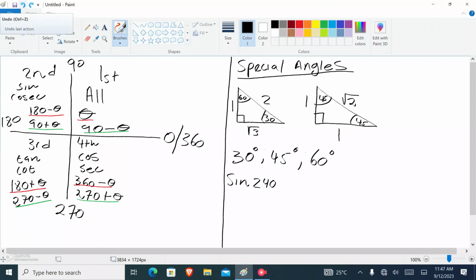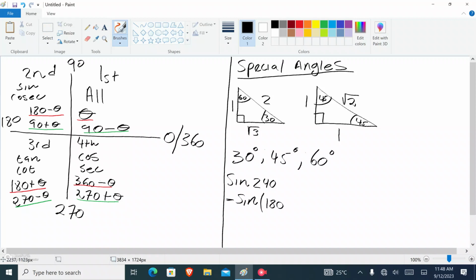Before we go there, guys, we know that is 180 plus theta, but look at the third quadrant and at our trigonometric function, which is sine. Is sine positive in the third quadrant? No. So whenever you write this, you're going to write the answer in negative. So your answer is going to be negative sine. And then how do we represent 240?